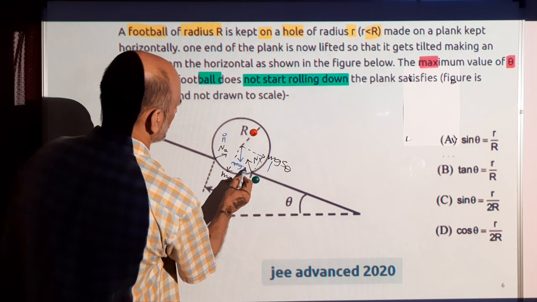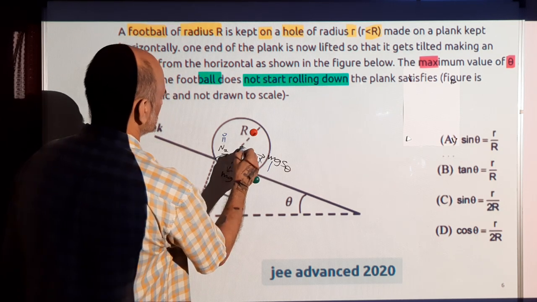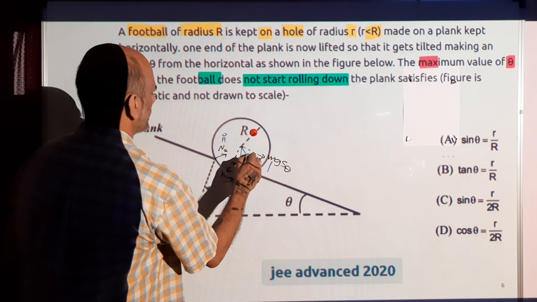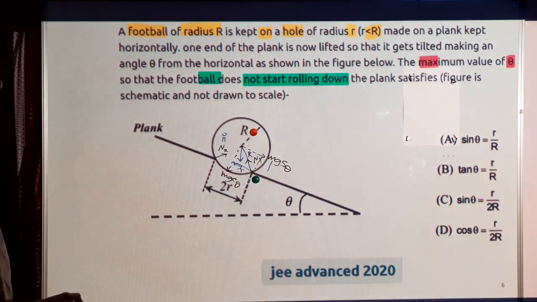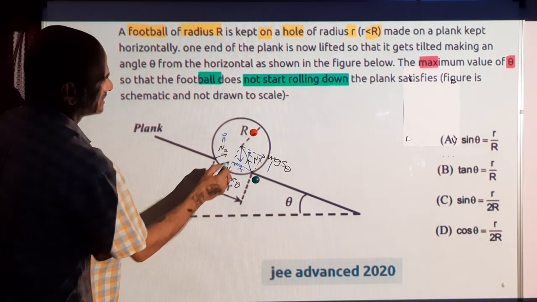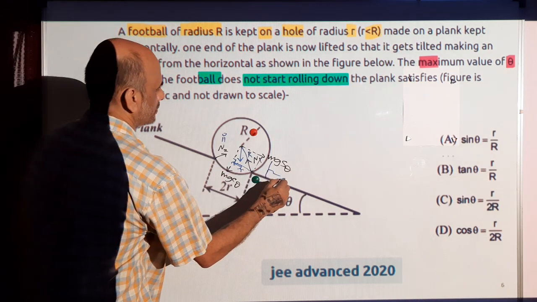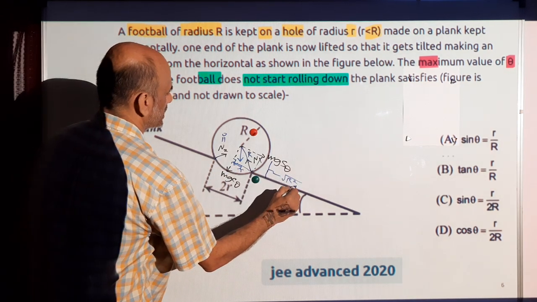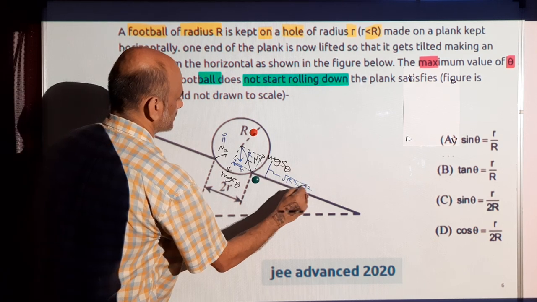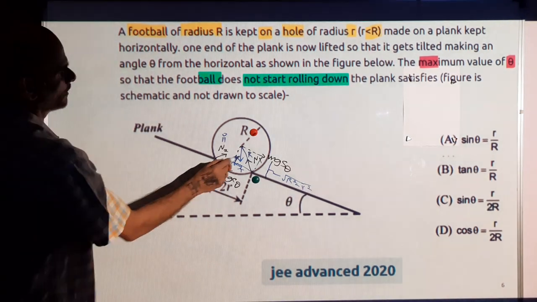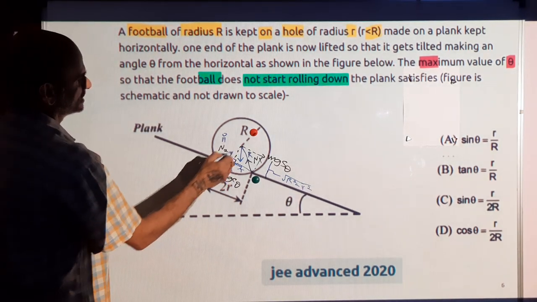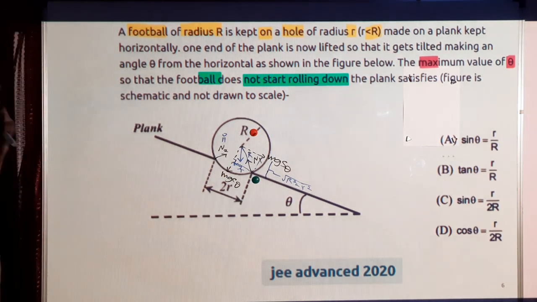This distance is small r, and this distance is capital R. This is a right angle triangle, hypotenuse capital R, and this side is small r. So this opposite vertical side will be square root of R square minus r square.